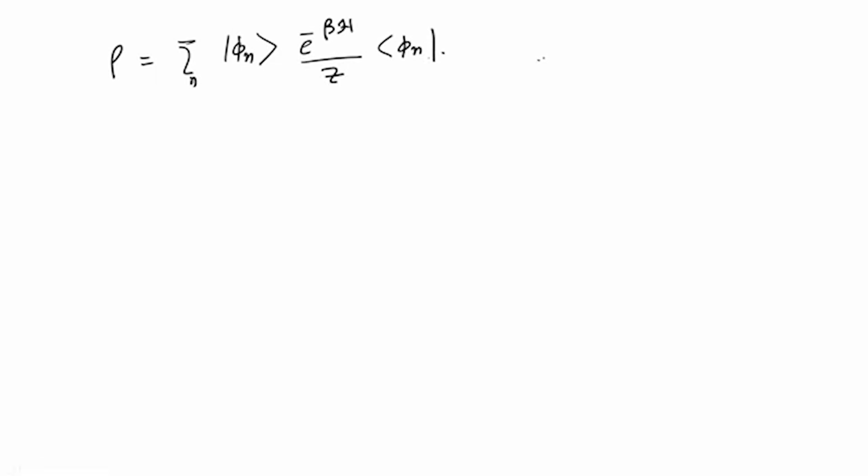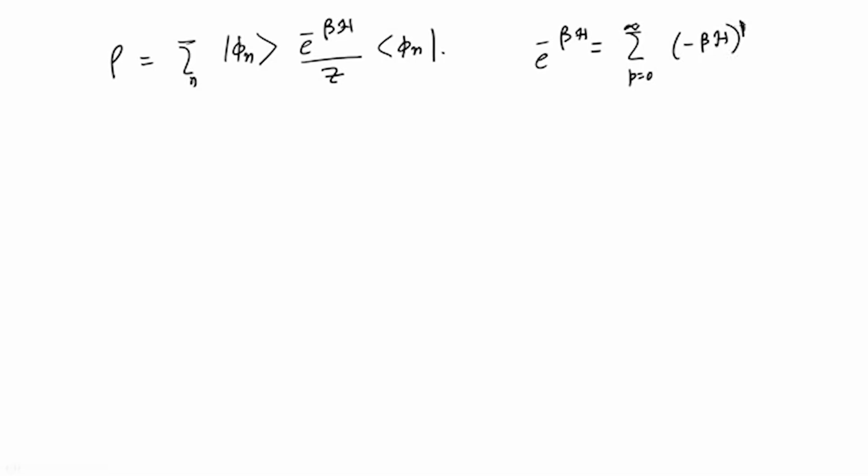And this exponential minus beta h can actually be expanded in terms of p equal to 0 to infinity, with minus beta h to the power p divided by p factorial. I am writing it as a curly H because at times I need to denote also a magnetic field.